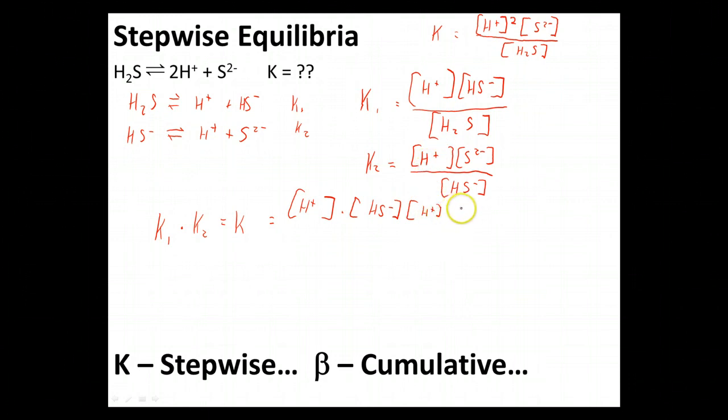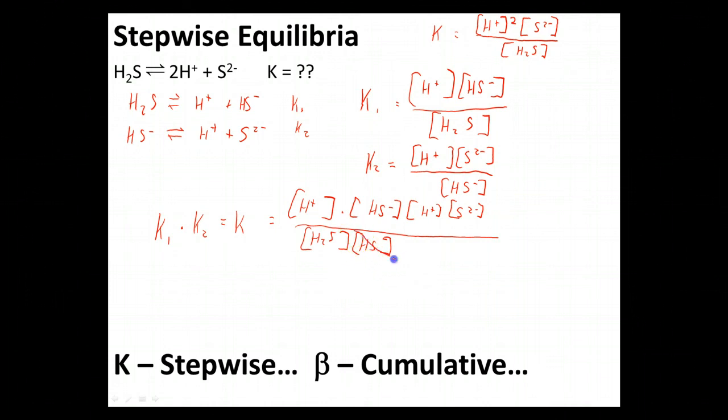And more coming from K2, we'll have S2 minus. This is going to be over our H2S. So that's the bottom half of K1. Now we need the bottom half of K2. Get my minus sign in there. You can see this is what everything should look like.